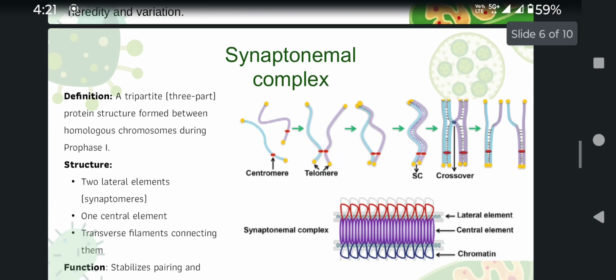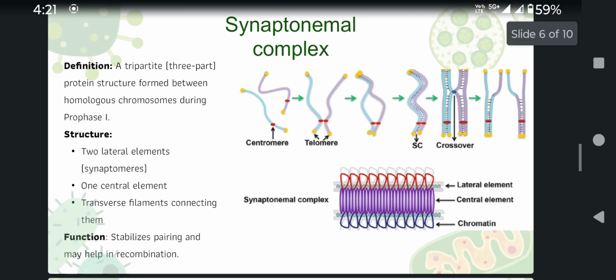So this is how the synaptonemal complex is formed. You can see here, in between the two chromatids, a crossover is formed in the center, and the SC, the synaptonemal complex, is formed. In the synaptonemal complex, you can see the red colored loops above, which are lateral elements. Then the lower blue colored loops are again lateral elements, and in the center the purple color is the central element.